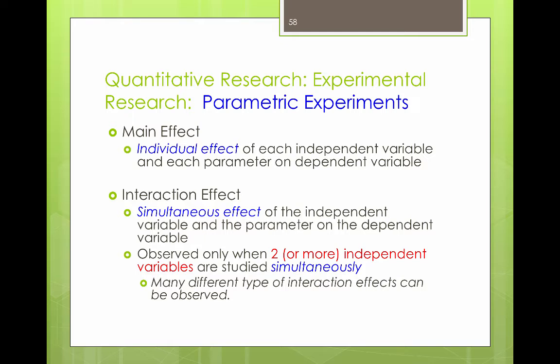So when you have two or more independent variables studied simultaneously, you also have to look at their interaction effect. Beyond about three independent variables, things start to get very complicated because then you have to look at the interactions between A and B, B and C, A and C, et cetera. So the more independent variables you have in the parametric experiment, the more interaction effects you may have, and the more complicated things will get.